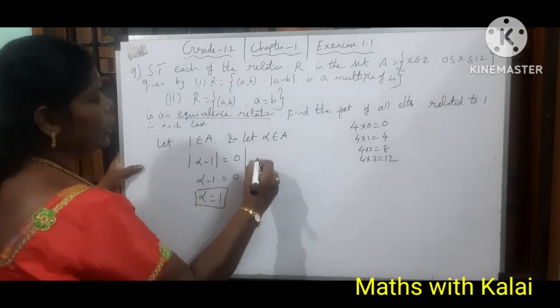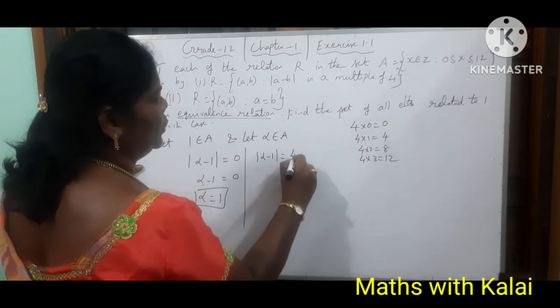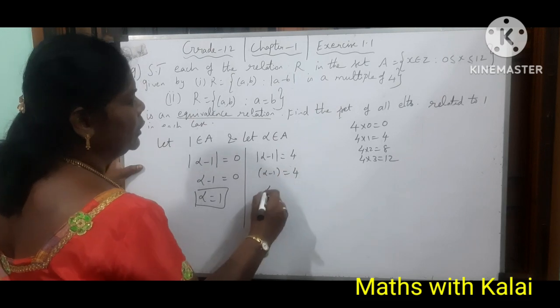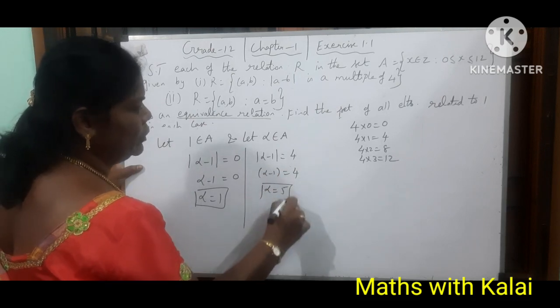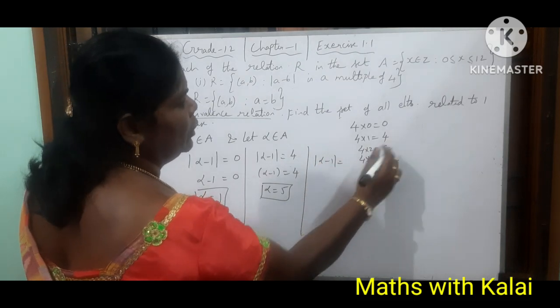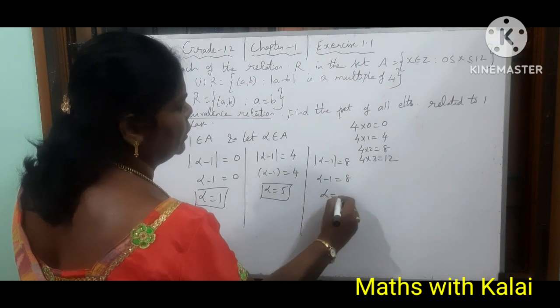This is one value. Next, modulus of alpha minus 1, the next multiple of 4 is 4, so alpha minus 1 is equal to 4. That means alpha is equal to 5. Next, the multiple 8: alpha minus 1 equal to 8, so alpha is equal to 9.